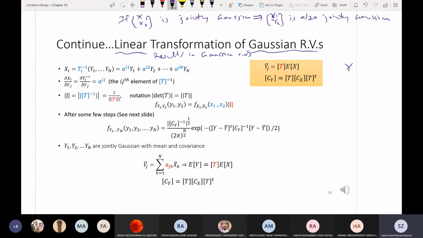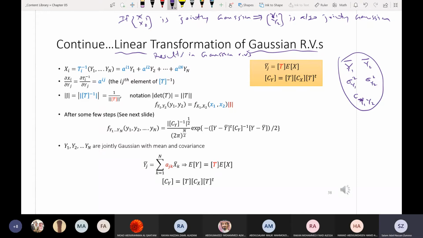We need y1 mean, y2 mean, we need the variance of y1, we need the variance of y2, and we need the covariance between y1 and y2. This is what I need. Well, if I know this, that's it, I know everything.